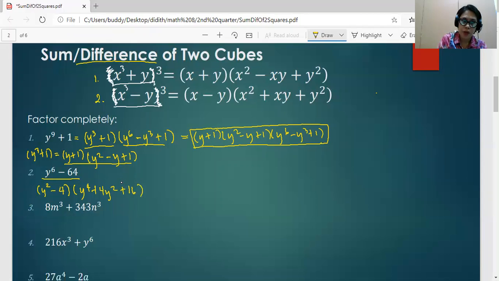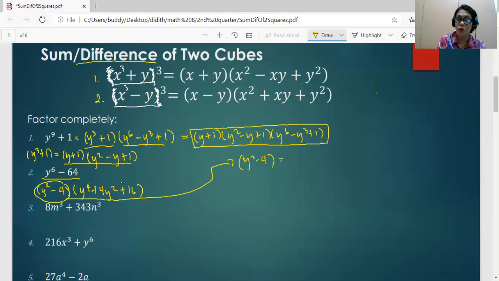Now, y squared minus 4 is still factorable, but this is not the sum or difference of two cubes, it's the difference of two squares. So we have to factor this out. And from the previous discussion, the factors of these will be the sum and difference of the same two terms.